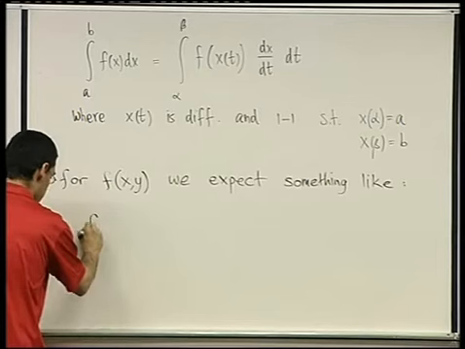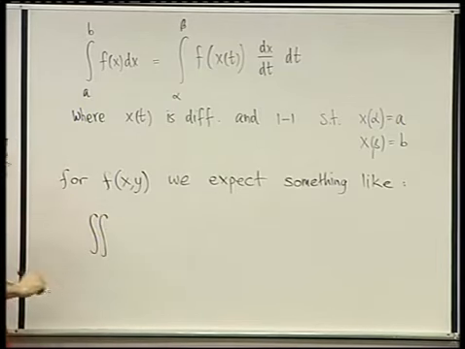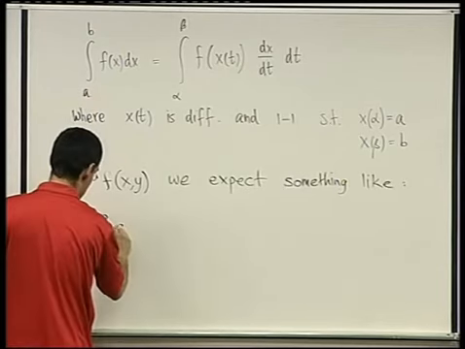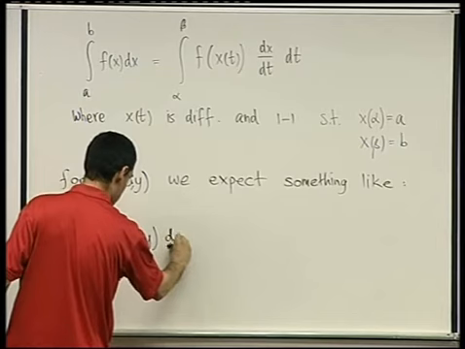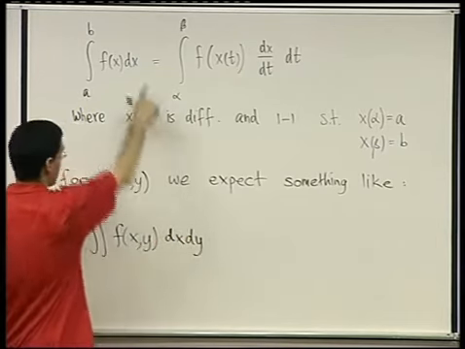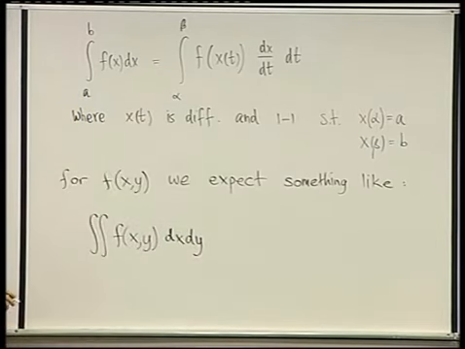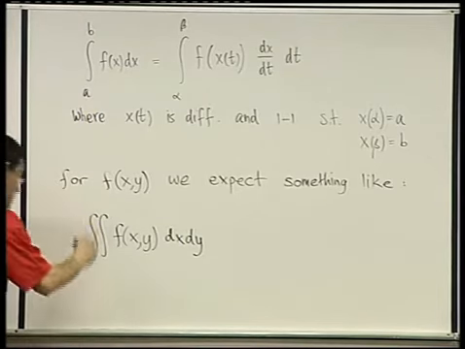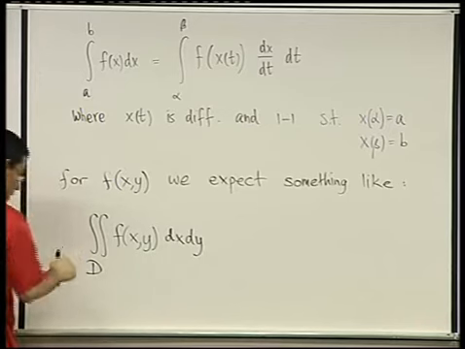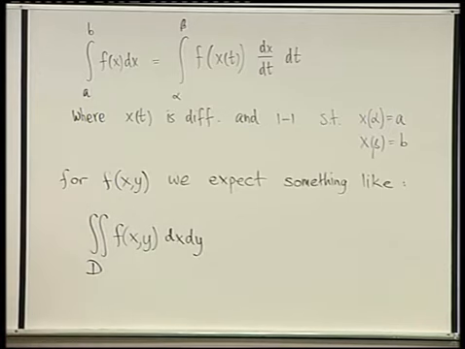So obviously there's going to be a double snake here instead of a single snake, right? The function is no longer going to be f of x, it's going to be f of x and y. And then it's going to be dx dy rather than just dx. And the domain is not going to be an interval from a to b, it's going to be some domain in R2. Do you agree?